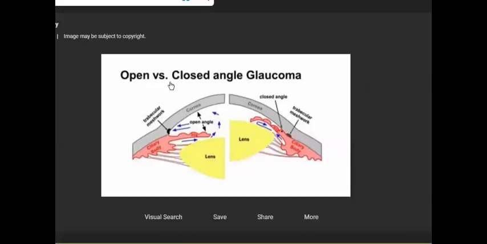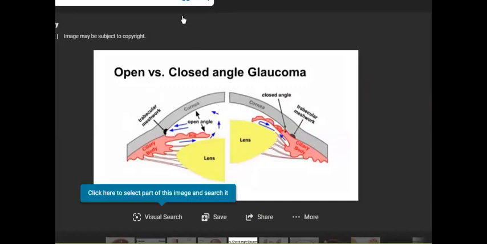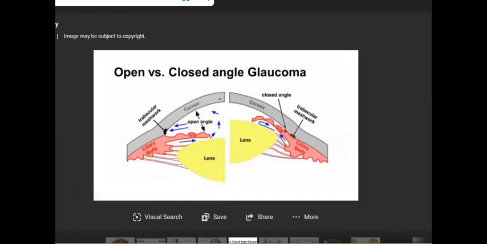We used this particular picture yesterday, and I told you that in open angle glaucoma, what is happening: this is open, and this is closed. You see the angle over here. There is a canal present that we call the canal of Schlemm, that drains this aqueous humor out. And you see there is a trabecular meshwork over here at this particular level.